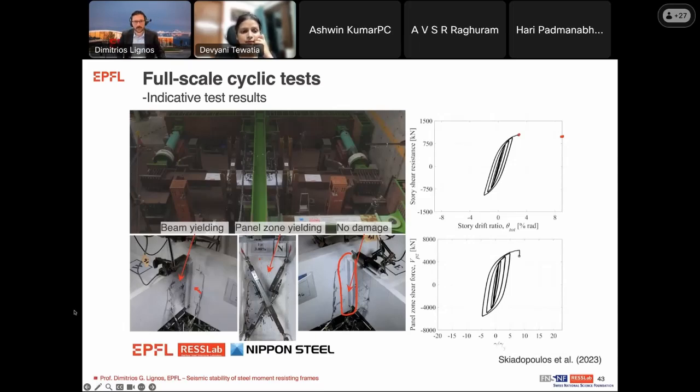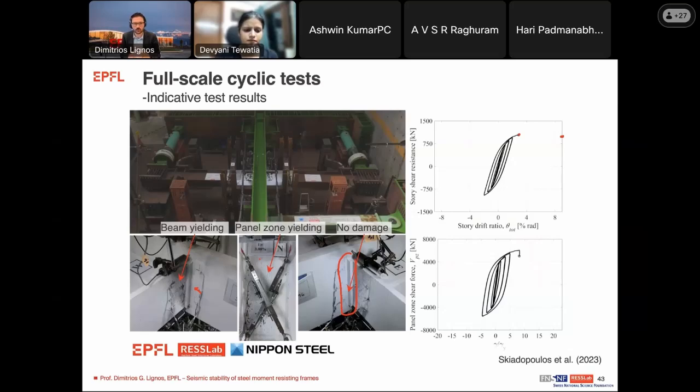Okay, so if you allow inelastic deformation in the panel zone, we have to think about repair. But this same repair, we also have to think in the case that the panel zone remains elastic and all the damage goes to the beam. Now, let's also consider the following.